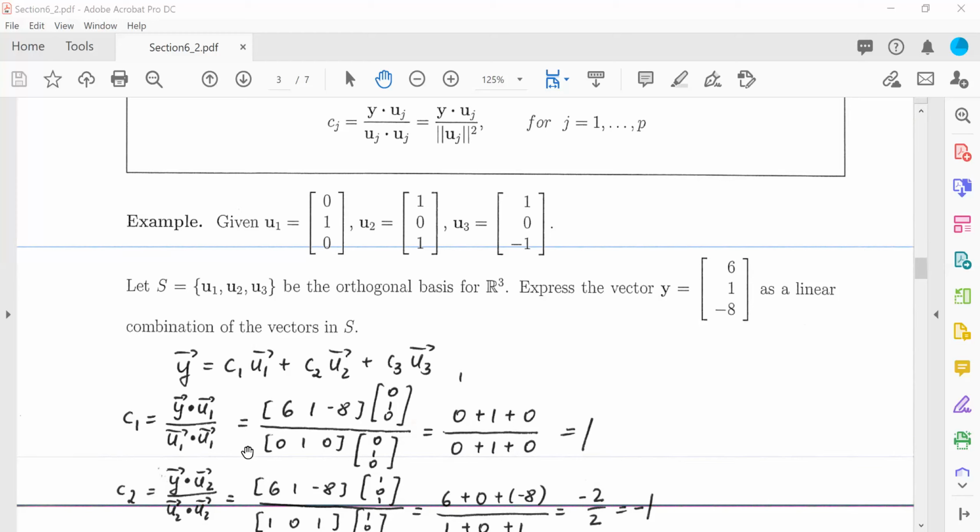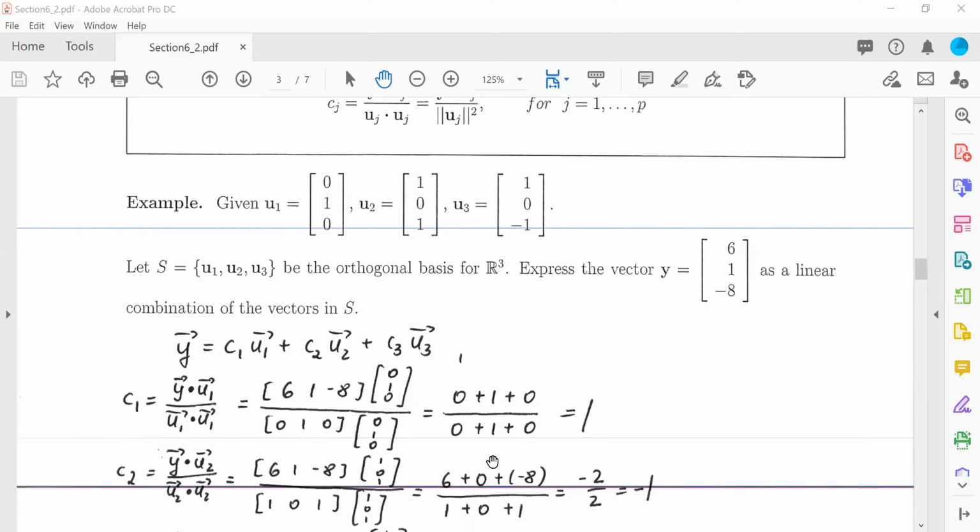It's right here. And then for the dot product on the bottom, it would be the same vector multiplied times itself. So we multiply entry-wise: 6 times 0 is 0, plus 1 times 1 is 1, plus minus 8 times 0 is 0. The same we do on the bottom: 0 times 0 is 0, plus 1 times 1 is 1, plus 0 times 0, and we compute.